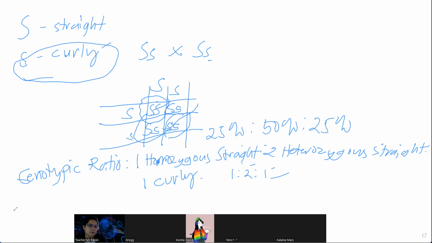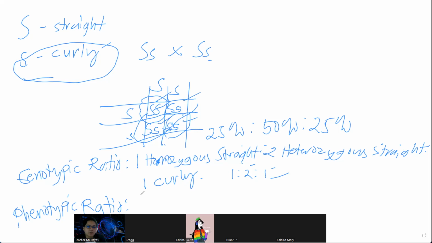How about if you look at the phenotypes or phenotypic ratio? In the sense that if you look at phenotypes, you are talking about their appearance, observable traits, observable behaviors, regardless of what genetic characteristic they have, what is inside their genes. We need to look at the physical attributes that they have. For phenotypes, as you can see here, this is straight, straight, straight, and curly.